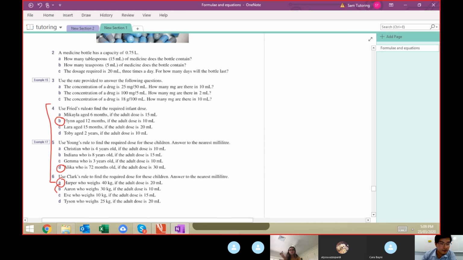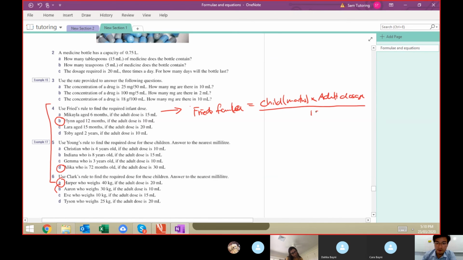Okay, we got Freud's formula. Does everyone know Freud's formula? I think this is given to you in your formula sheet, but you remember what it looks like? It's dosage equals age in months times the adult dosage over 150. So it's child in months multiplied by the adult dosage, divided by 150. Easy stuff. What's the child in months?